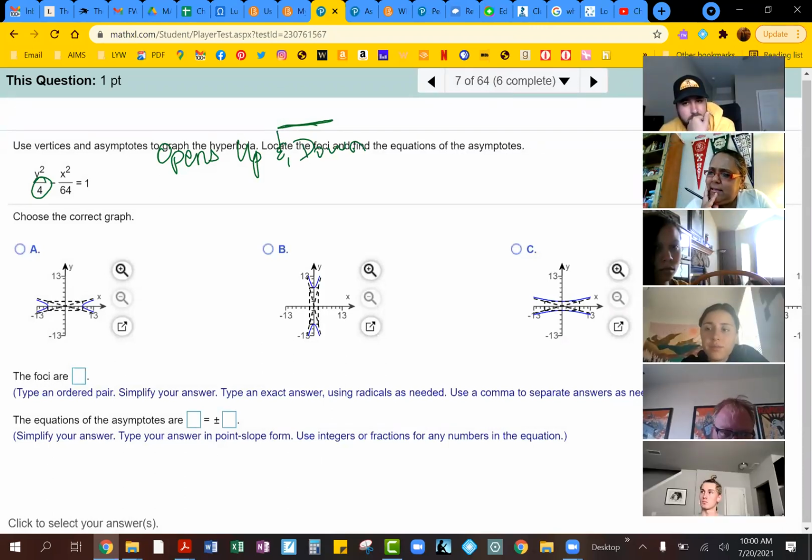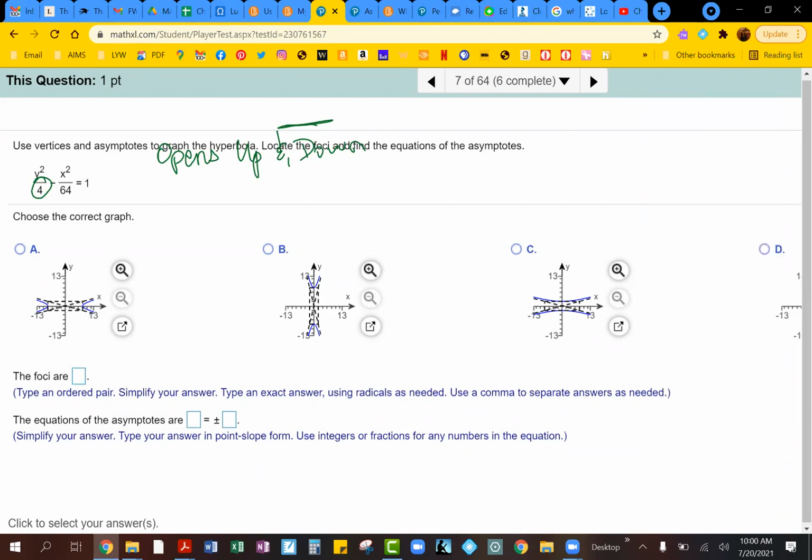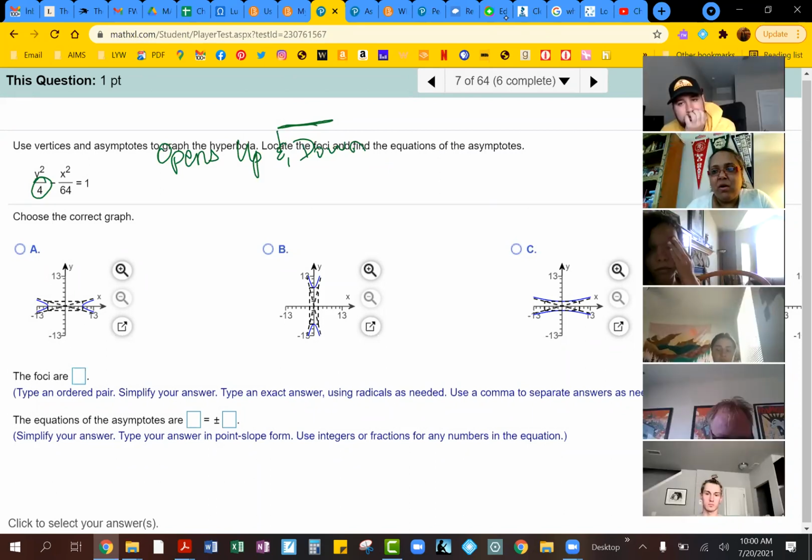Say that again? The minimum or the maximum? That actually happens more in the parabola. This one will actually give you where it crosses the y-axis, right? Because it's going to give you the y-intercept. Now the question is, is the y-intercept going to be 4 or something else?